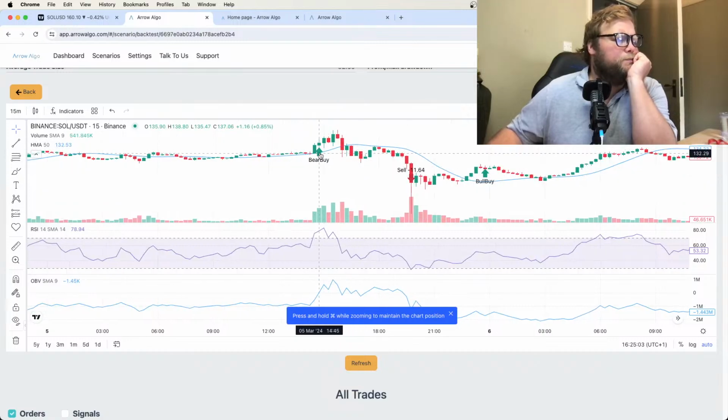Here it is. So the volume was on the way up there as well. But what we do also see here is a huge RSI.